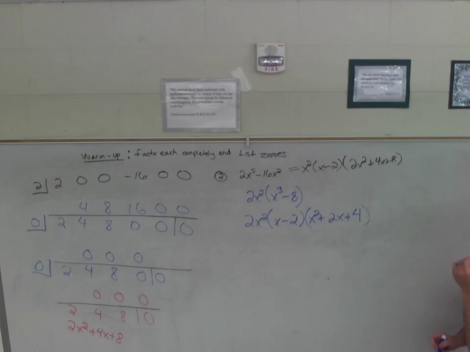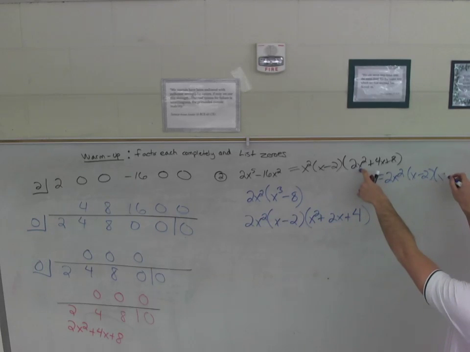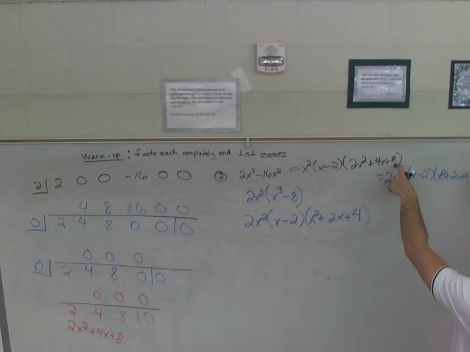Is this the same thing as this? Look at it. If you factor 2 out of those and pull it all the way in front, x minus 2, and if you factor the 2 out, that's x squared plus 2x plus 4. Same thing, right? So 2 completely different ways to do it.